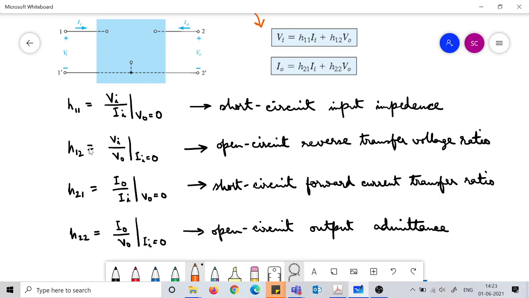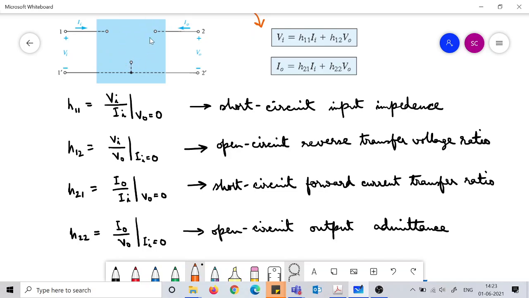But now, since we know the definitions of these things, what these actually mean for the system which is inside. So this is short circuit input impedance of the network which is inside. This is open circuit reverse transfer voltage of the network which is inside. So we know what these are. These H11, H12, H21, H22 are for the network which is inside.